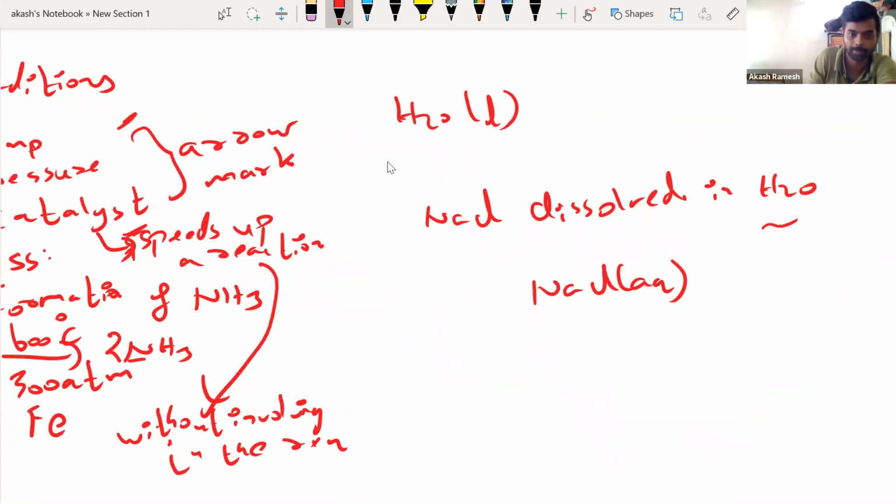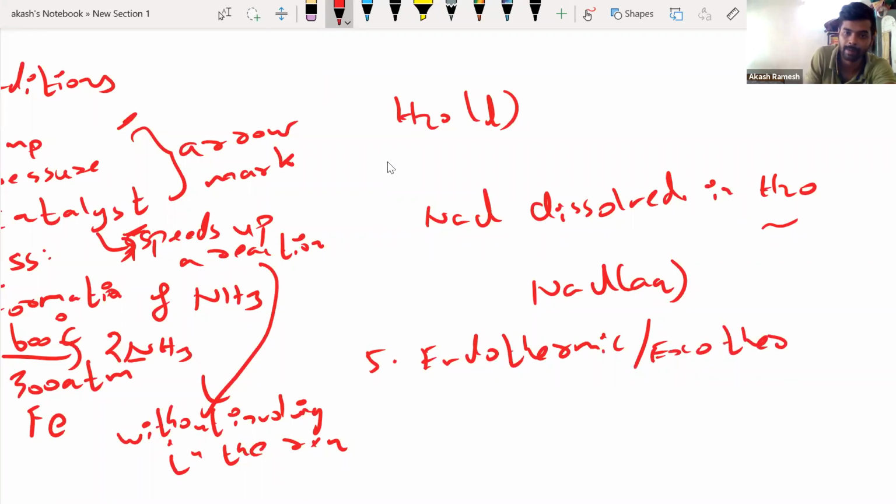Next thing you can include in the equation: if you know some data, you can actually represent whether the equation is endothermic or exothermic.